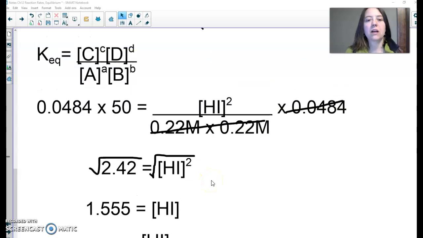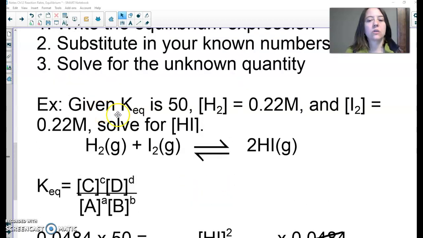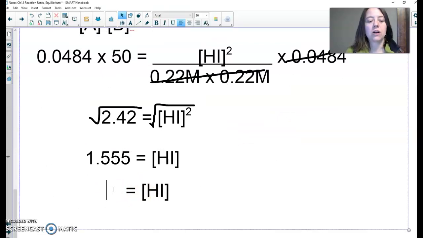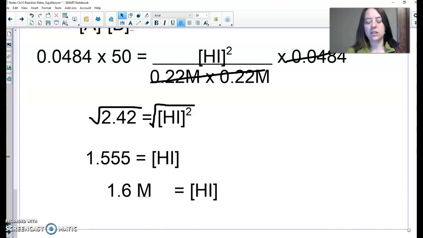And let's look back up at our equation. This one has 2 sig figs. The equilibrium constant we're not going to use for significant figures. And this one has 2. So then we'll put our answer in 2 significant figures, which is 1.6. And our unit is molarity.